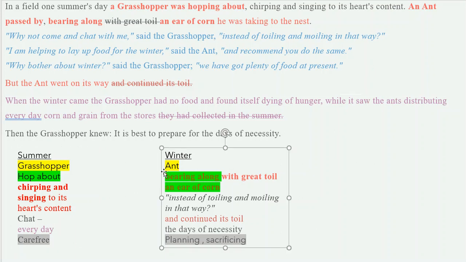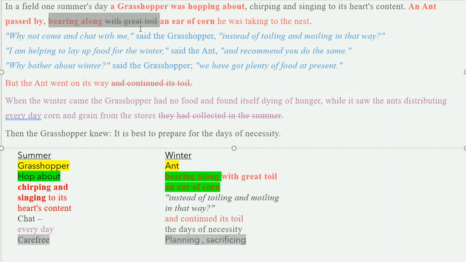But the person who created this fable also gave us words that belong to planning and sacrificing. Bearing along with great toil. That great toil had to be there, right? Because the ant was not just carrying the grain, but with great toil. It was heavy, it was difficult.